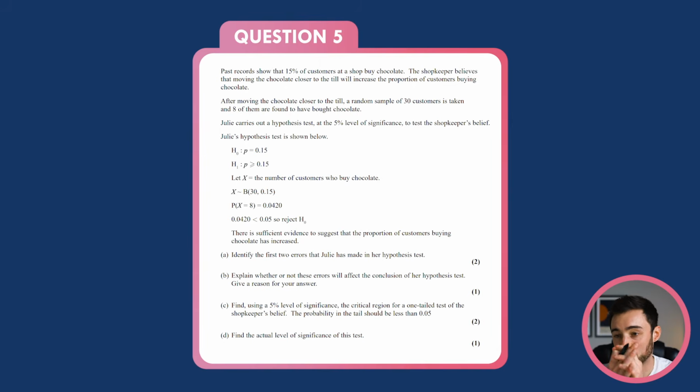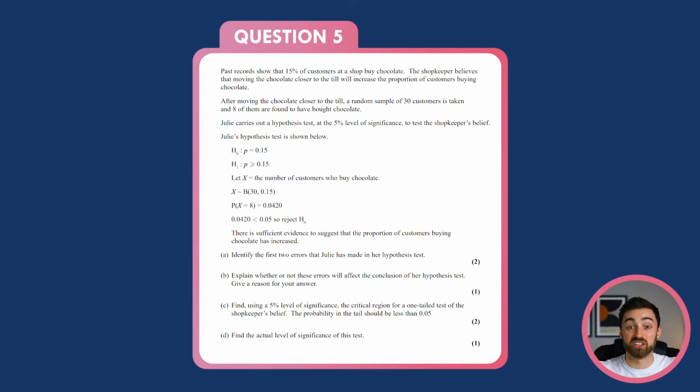So she said that H0 is that P is 0.15, 15% of customers, makes sense. H1 is that P is... okay. If H0 is that P is equal to 0.15, H1 has to be completely different to that, mutually exclusive with it. But this is saying that P is greater than or equal to 0.15. Surely it should just be P greater than 0.15, because P greater than or equal to 0.15 shares stuff with P equals 0.15.